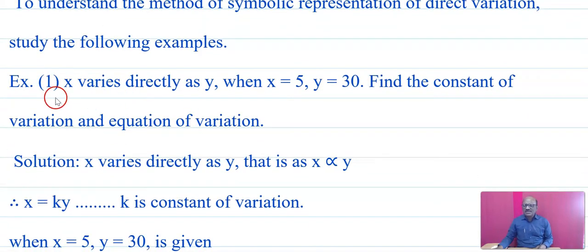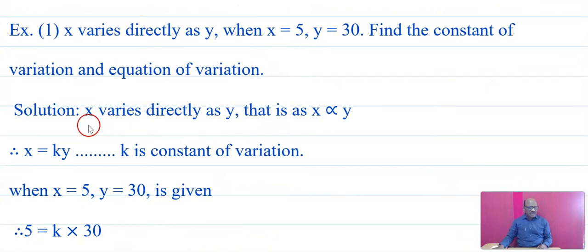To understand the method of symbolic representation of direct variation, study the following examples. What is the first example? X varies directly as Y. When X is equal to 5, Y is equal to 30. Find the constant of variation and the equation of variation. Now the solution. X varies directly as Y, and it is written as X is directly proportional to Y. The equation is X is equal to KY, where K is the constant of variation.